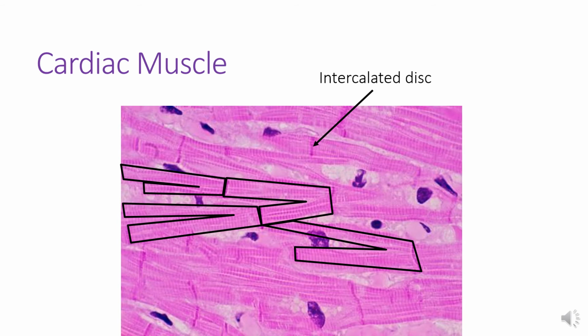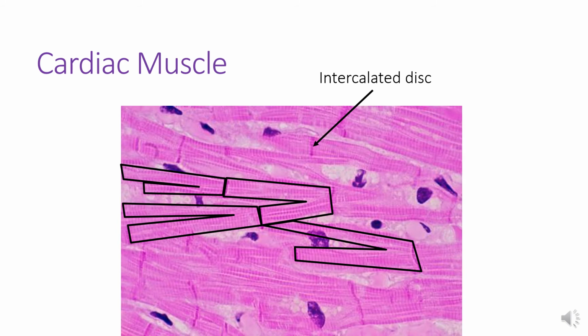Intercalated discs are either going to show up as a very dark band, as they do in this image, or as a very bright white band going across the cells if we use a different kind of stain. Either way, it's going to be a distinct band that is either darker or lighter than the striations on either side.